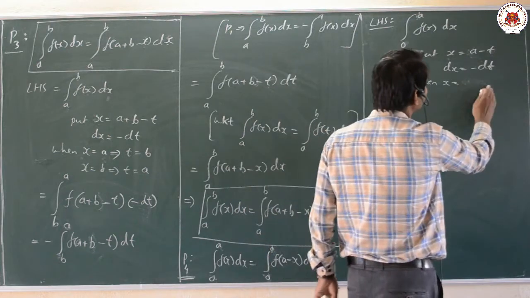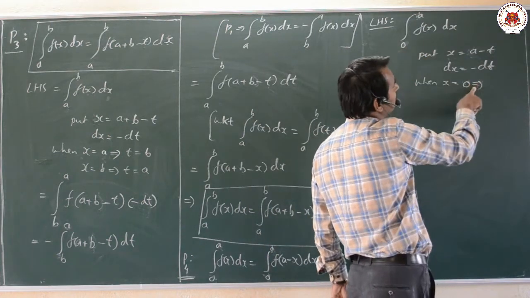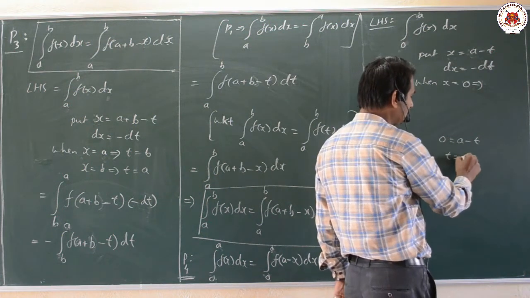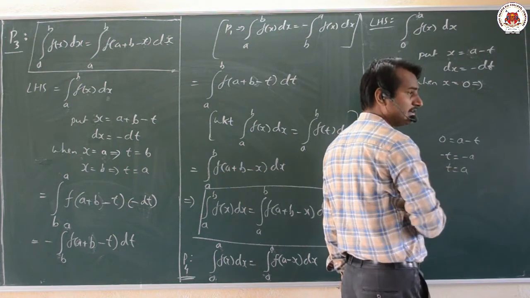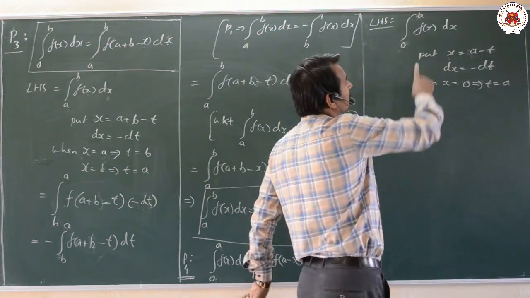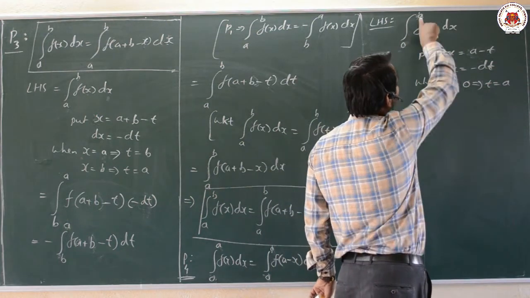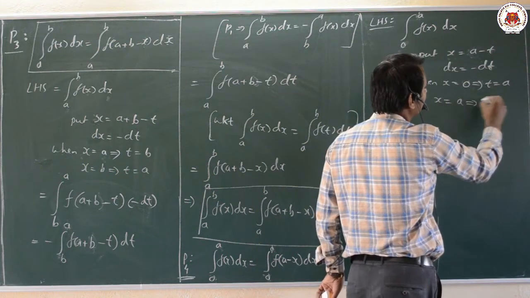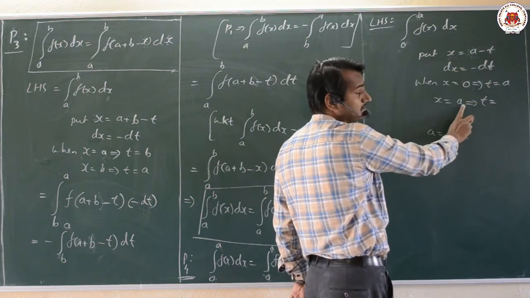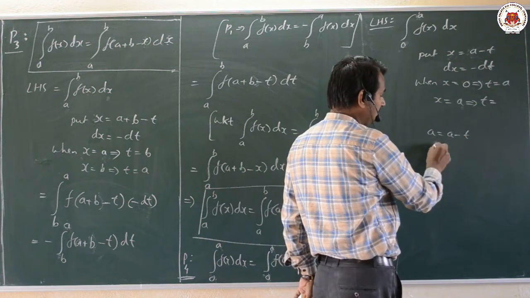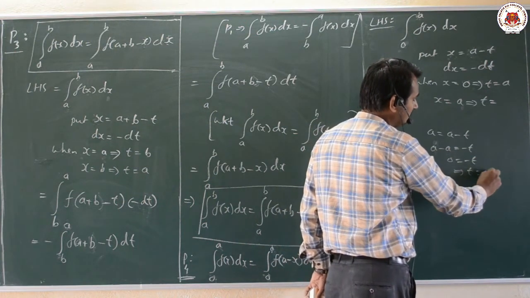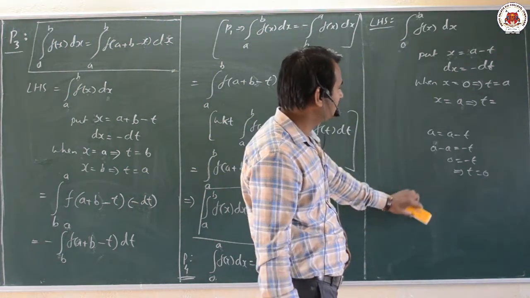When x equals 0, the lower limit, what will happen to t? 0 = a - t, so t = a. Similarly, when x equals a, we substitute a = a - t, so a - a = -t, which gives 0 = -t, that implies t = 0. Very, very simple thing.